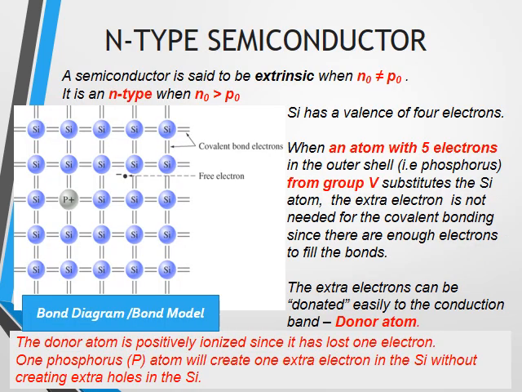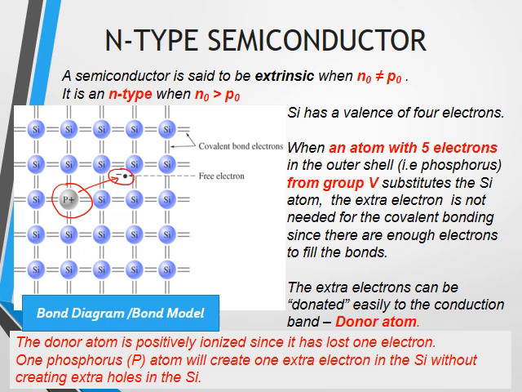Let's see how the N-type semiconductor is created. We know that silicon has a valence of 4 electrons. When an atom with 5 electrons in the outer shell, for example phosphorus, from group 5 substitutes the silicon atom, the extra electron is not needed for the covalent bonding, since there are enough electrons to fill the bonds.